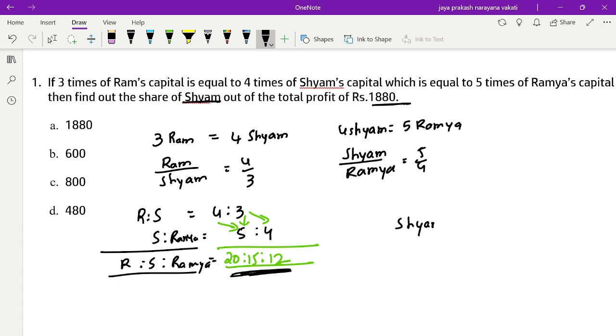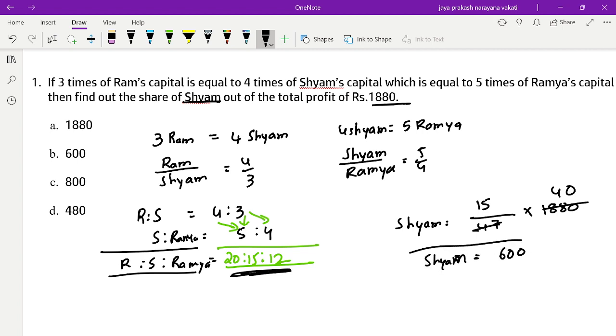Sham is getting 15 units out of a total of 20 plus 15 plus 12, that is 47, from 1,880. 47 times 40 is 1,880, so it cancels out, leaving 40. 15 into 40 is 600. So this is Sham's profit, 600 rupees. Clear.